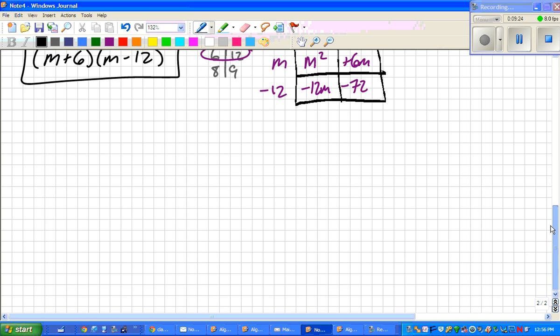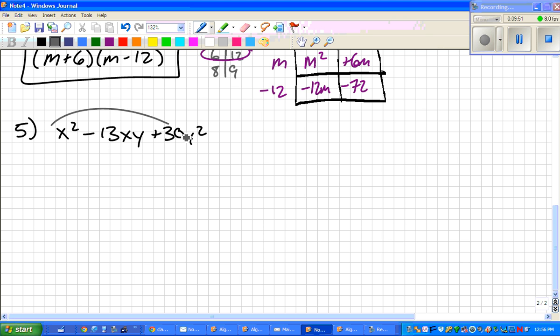All right, number 5. We have x squared minus 13xy plus 30y squared. All right. Same thing as the last one, guys.